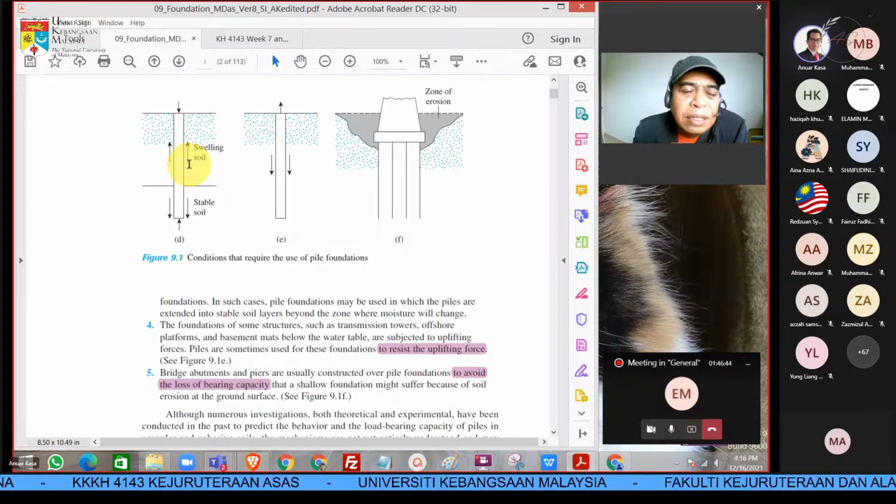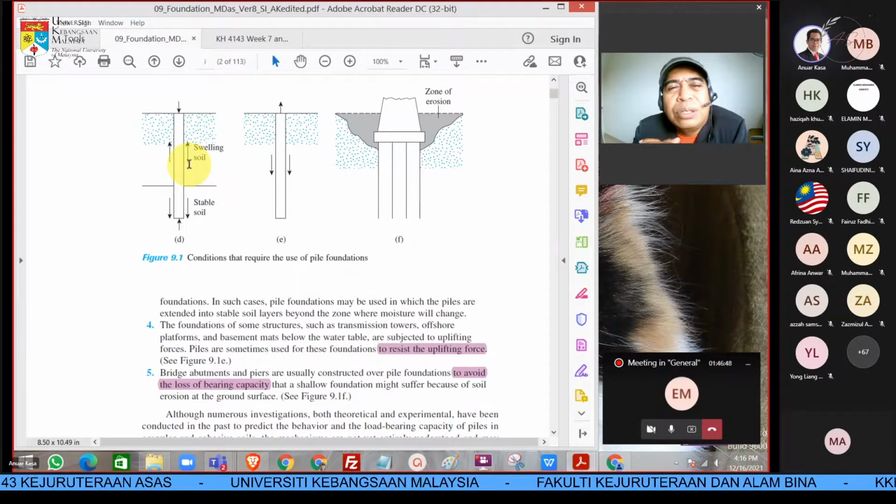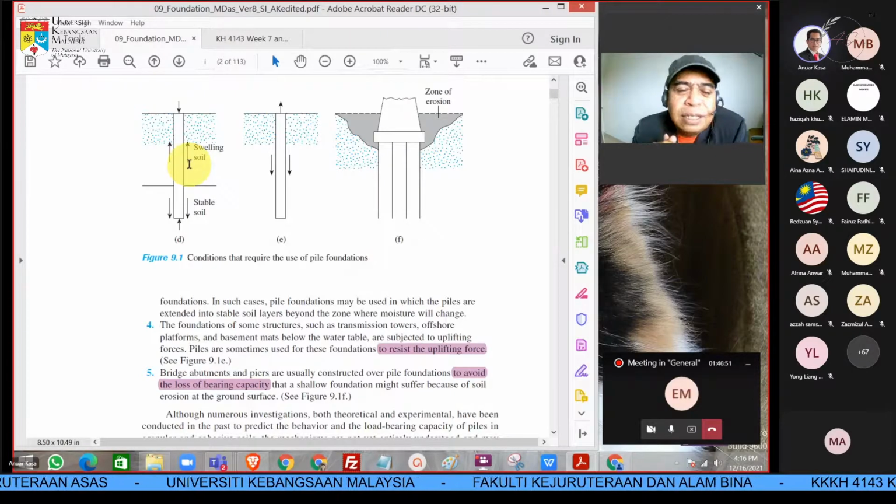That is in practice. Normally some try to avoid having a pile foundation in the fill area unless we have a good stable soil underneath.